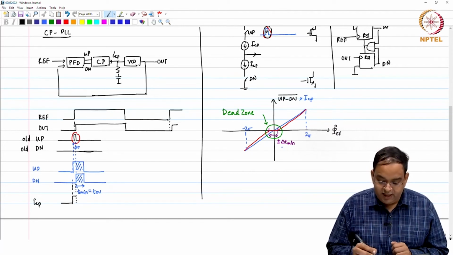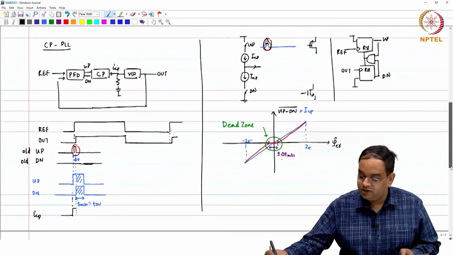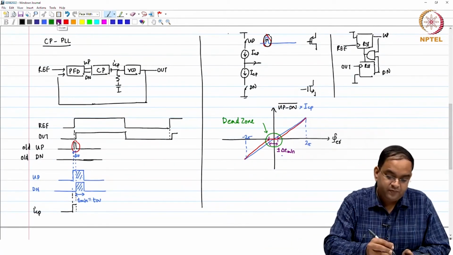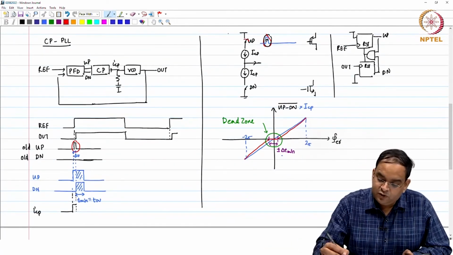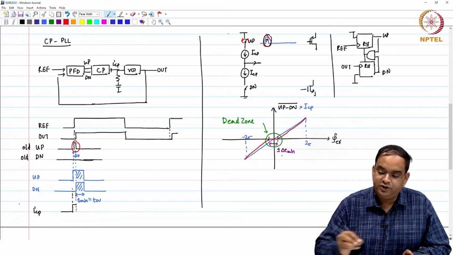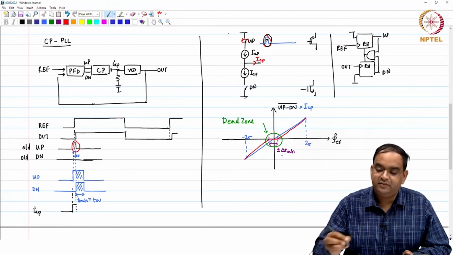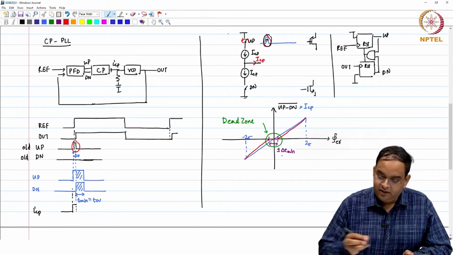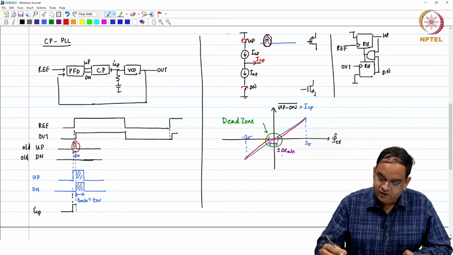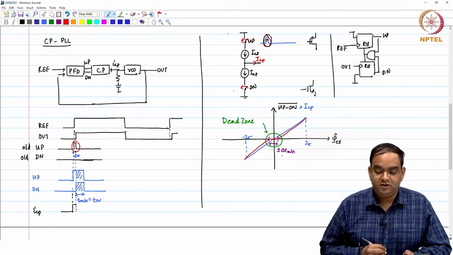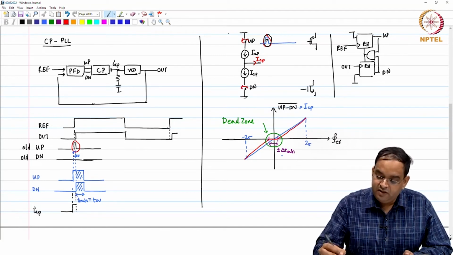Just look at this: when the up pulse goes high, your switch closes, you get the current ICP here. Then the down pulse comes, this also closes, right.